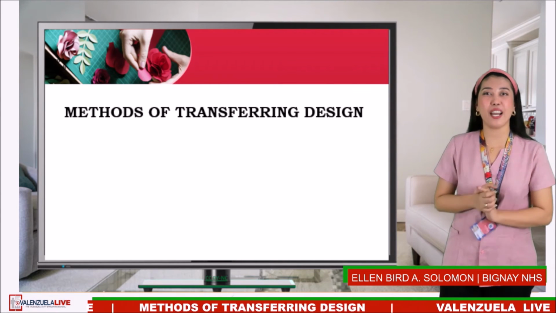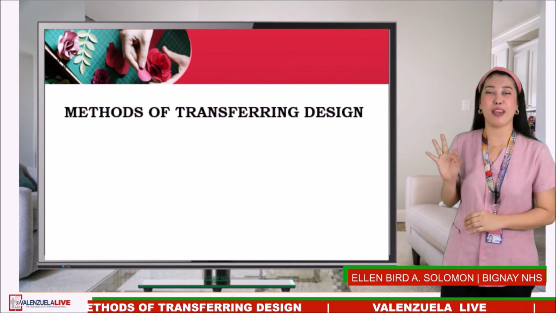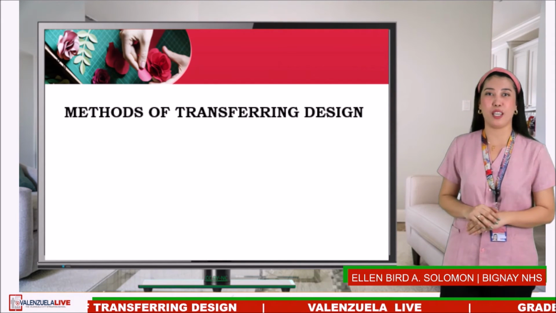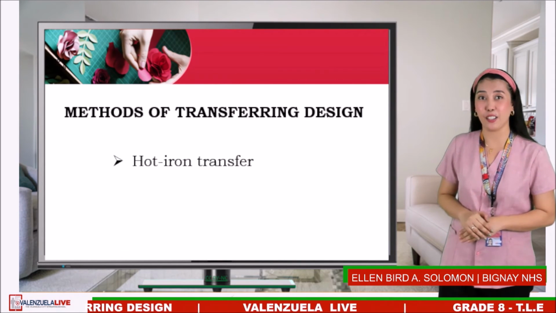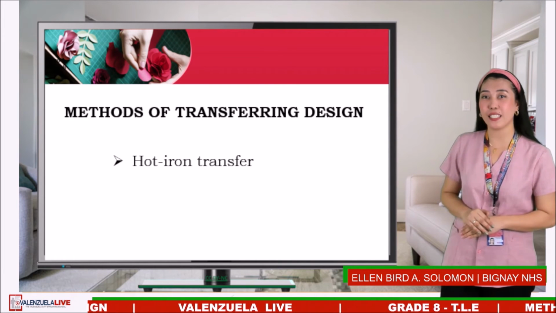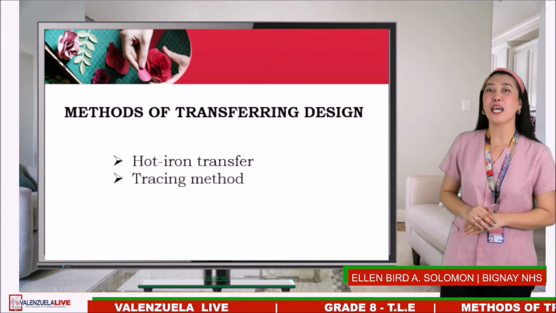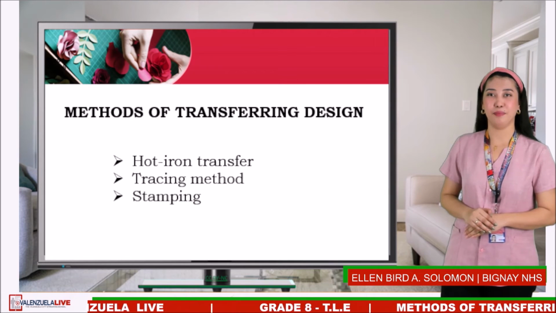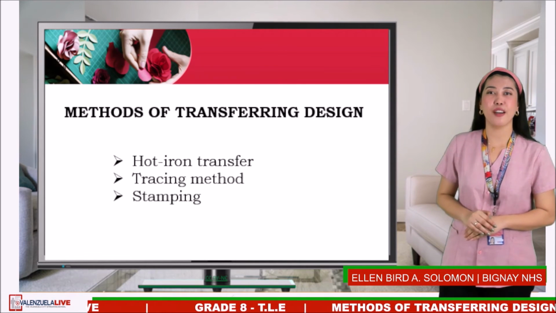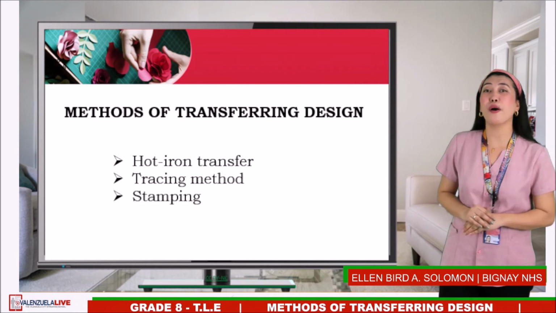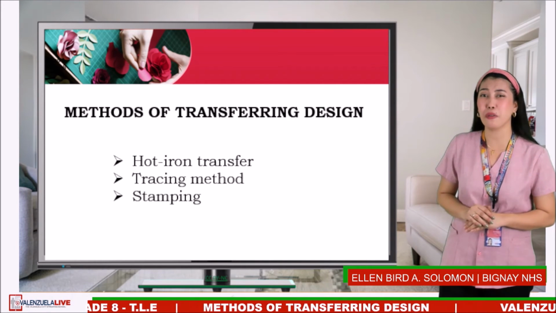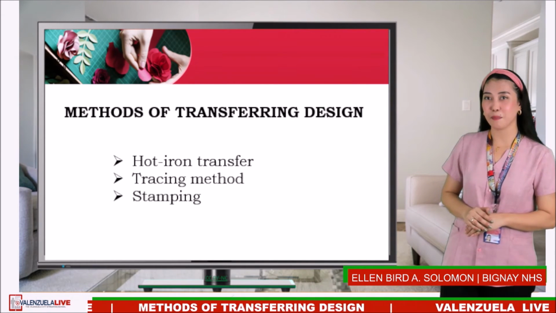Okay, so very good. The 3 methods of transferring design that we can use are hot iron transfer, tracing method, and stamping method. Let's have this activity for me to assess if you really understand our lesson.